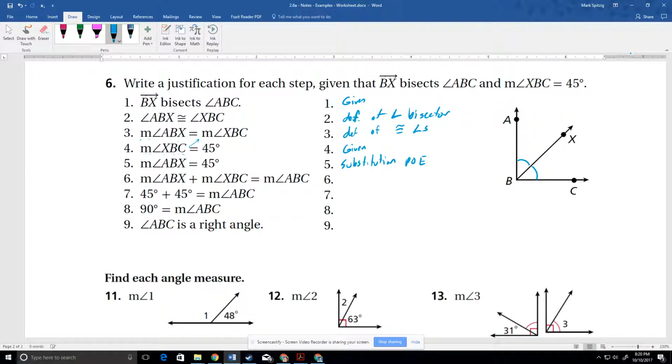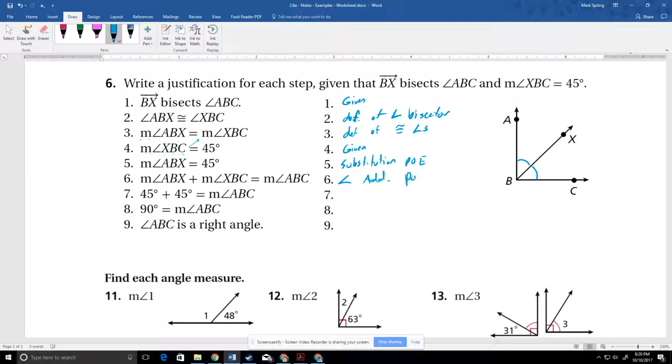And then we have the measure of angle ABX plus the measure of angle XBC equals the measure of angle ABC. Well, that's sort of unrelated to the previous things, but it's basically telling us that this angle ABX and this angle XBC add up to the larger angle ABC. That's the angle addition postulate, right?